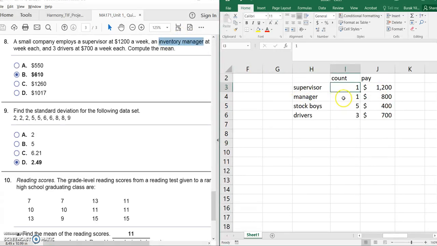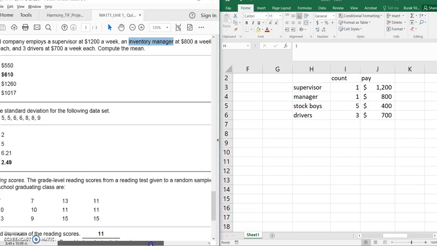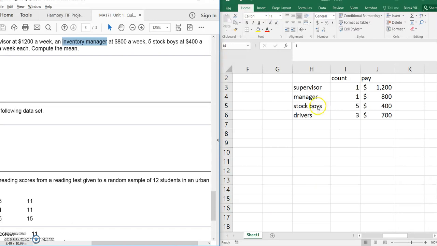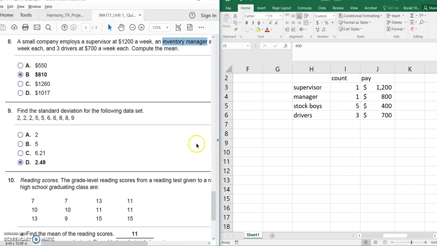Again, there's only one of them, and he's paid $800. 5 stock boys, so there's 5 of them, paid $400 weekly, and the last one is 3 drivers, paid $700 weekly. So compute the mean.